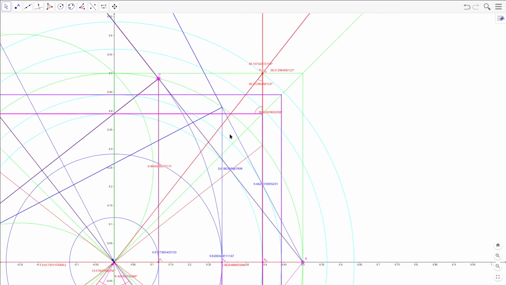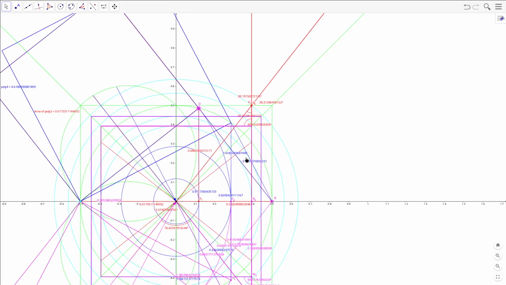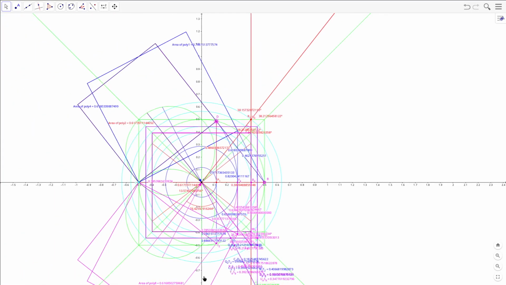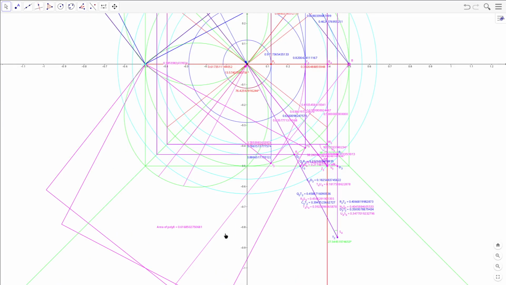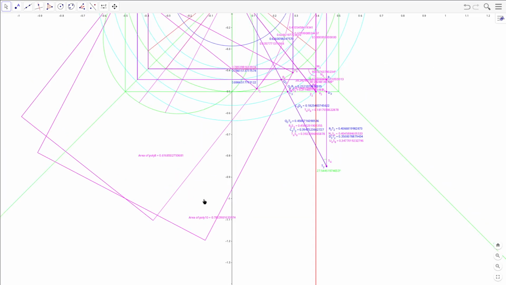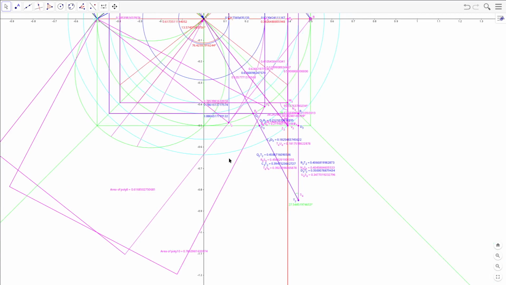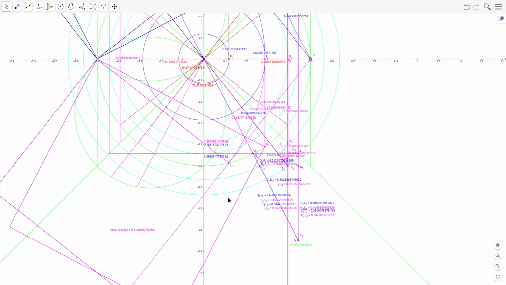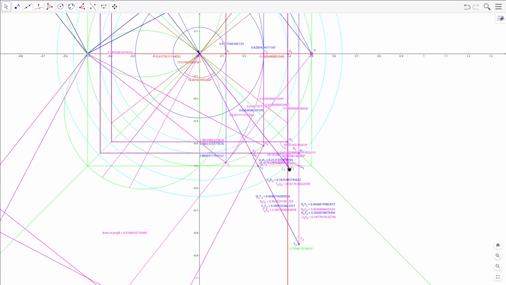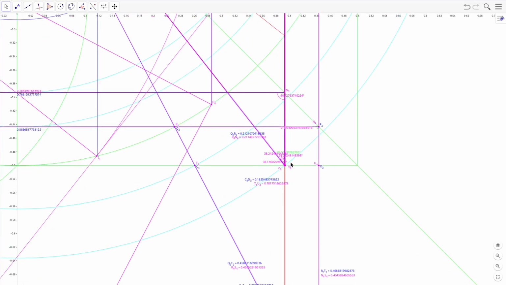And why am I showing you that is because the pink one is not using the proper proportionality, and the proof of that is to zoom in.